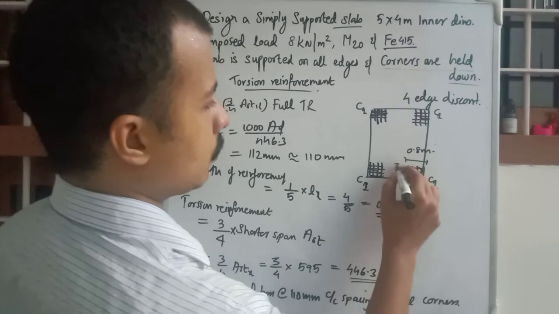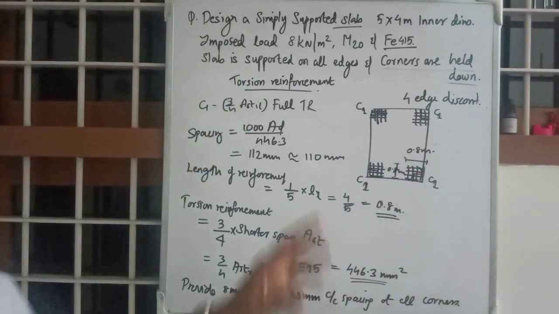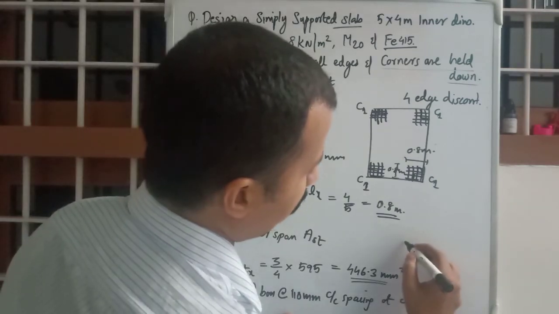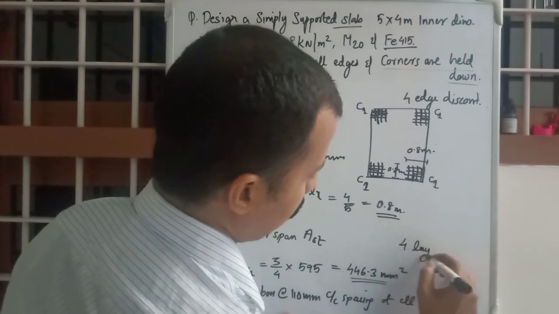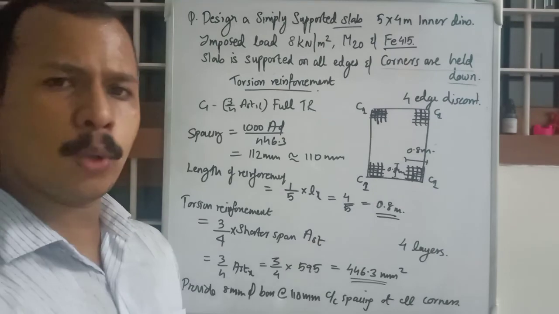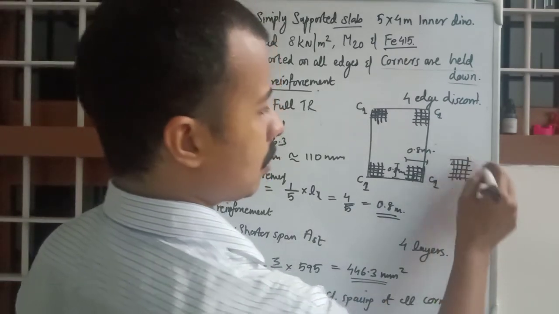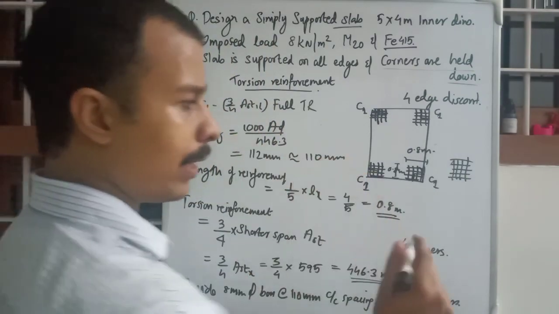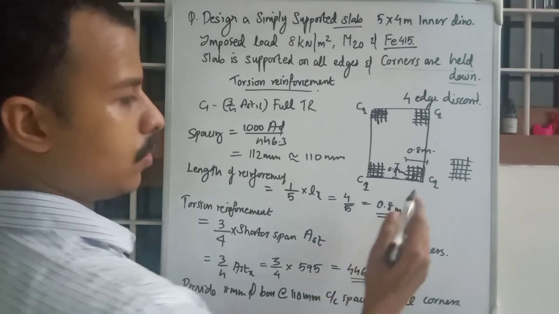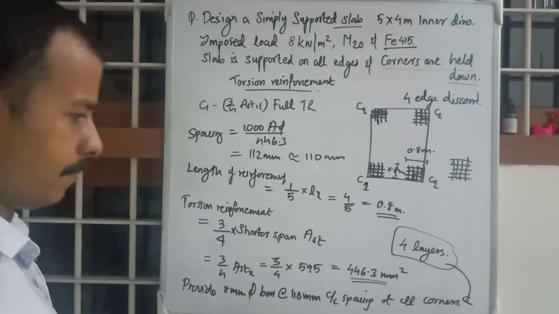This also. And this will be given as 4 layers. There will be a mesh. Mesh means there will be 2 layers, one in this direction and one in this direction, and we will be providing it on the top and at the bottom. So that means 4 layers.